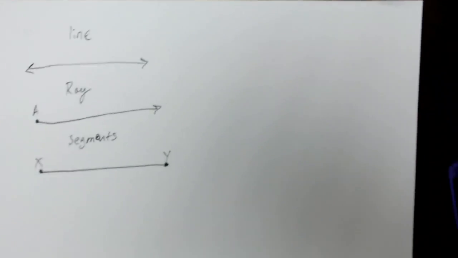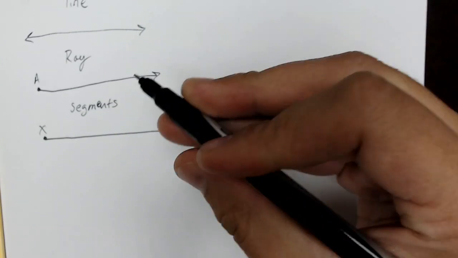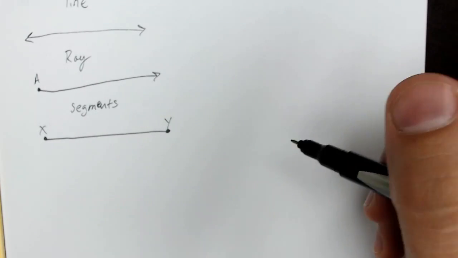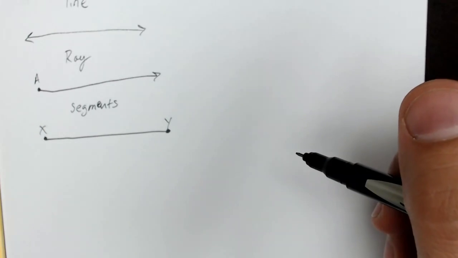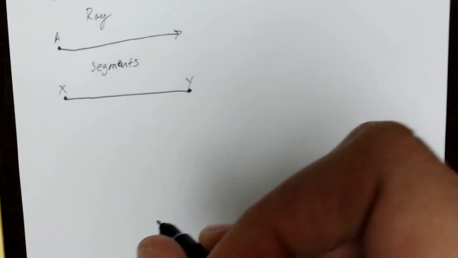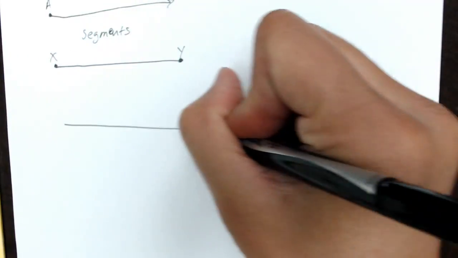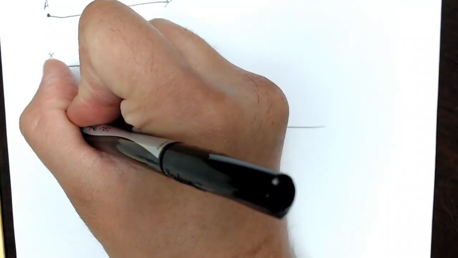Now let's talk about what lines can do. If I have two rays or multiple line segments, I can make angles. I can also make long line segments made out of multiple segments. So let's say I've got a starting point here.